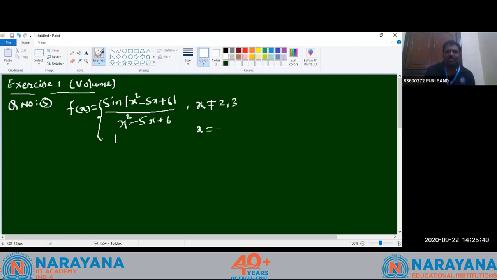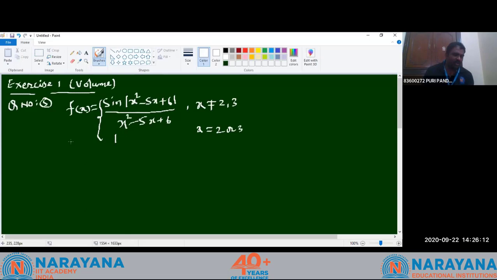Then the set of all points where f is differentiable is asked. Here the options are given. The first option is minus infinity to plus infinity, the second is minus infinity to plus infinity except 2, the third is minus infinity to plus infinity except 3, and the fourth option is minus infinity to plus infinity except 2, 3.